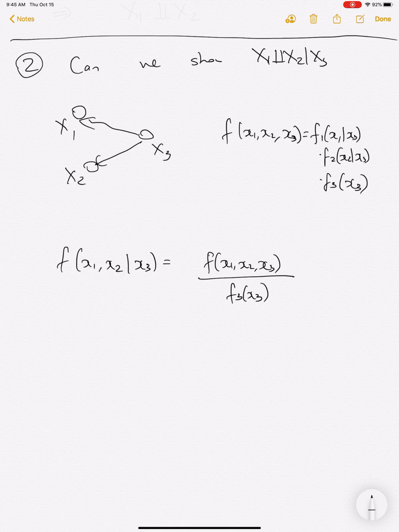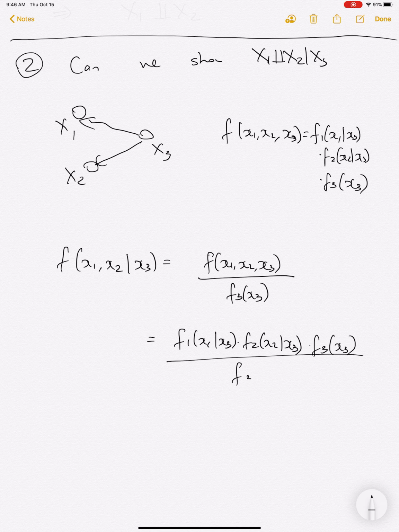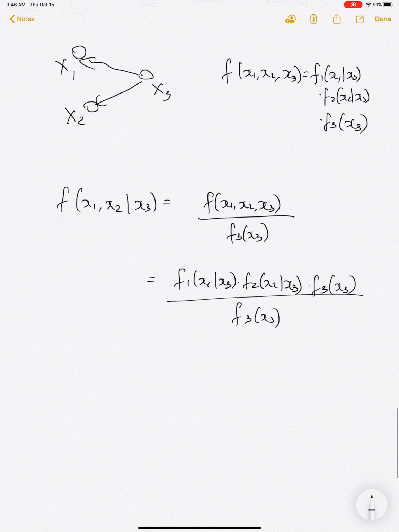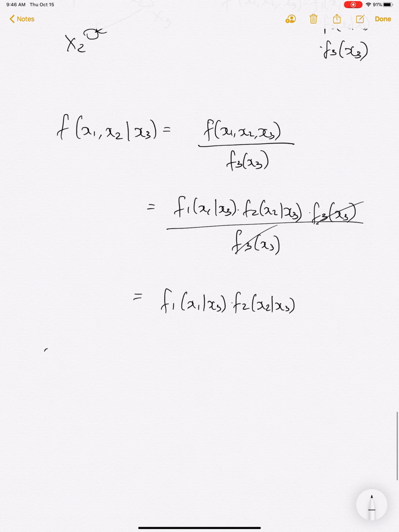So this is just the definition of the conditional distribution. And clearly we get the cancellations here that we're looking for, and so this clearly shows that once again x1 is independent of x2 given x3.